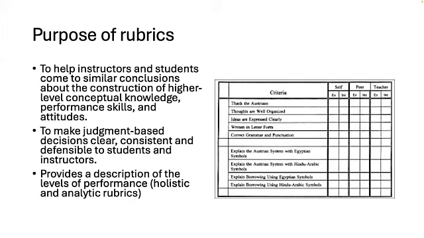So the purpose of rubrics is to help instructors and students come to similar conclusions about the construction of higher level conceptual knowledge, performance skills, and attitudes. To make judgment-based decisions clear, consistent, and defensible to students and instructors, and then provides a description of the levels of performance, either holistic, analytic, and sometimes performance task.